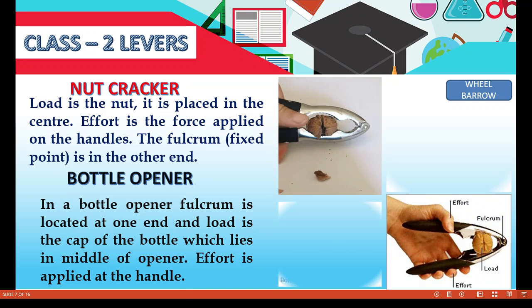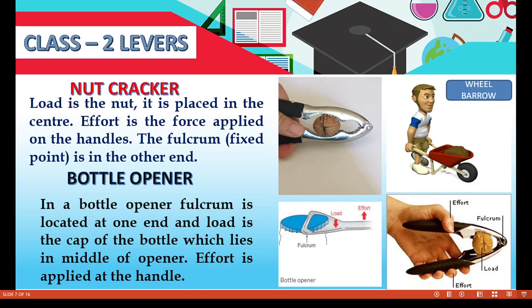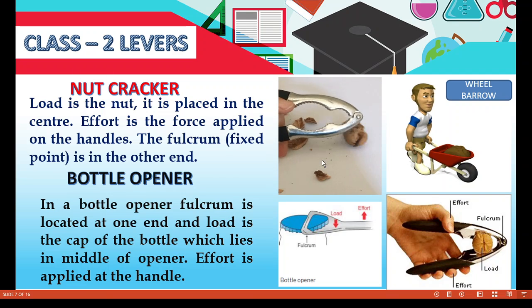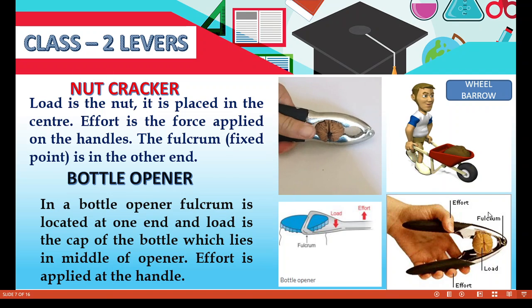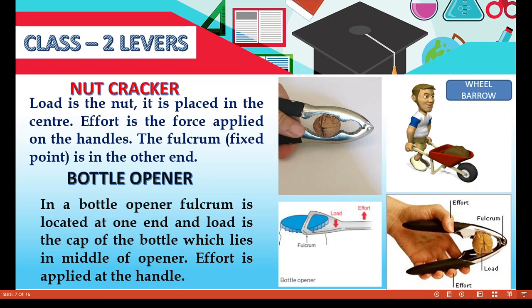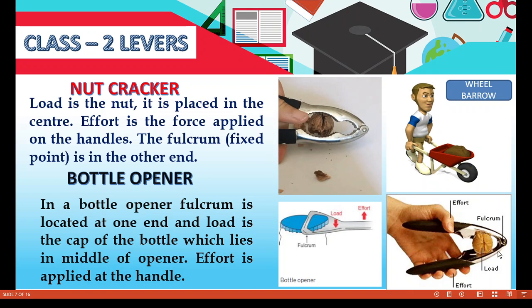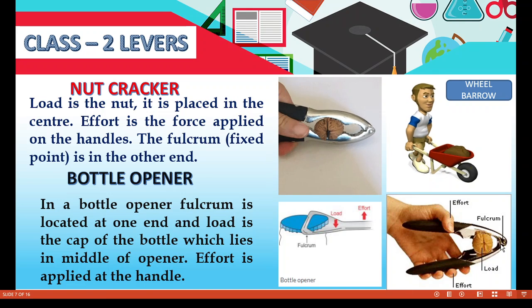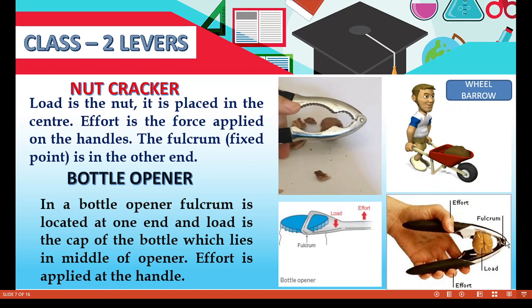So what are the examples of class 2 levers? Here the nutcracker is a very good example for class 2 levers. This is the fulcrum, that is the fixed point. Both the arms of the nutcracker are attached at this point. So this point is fixed, and this is called a fulcrum.